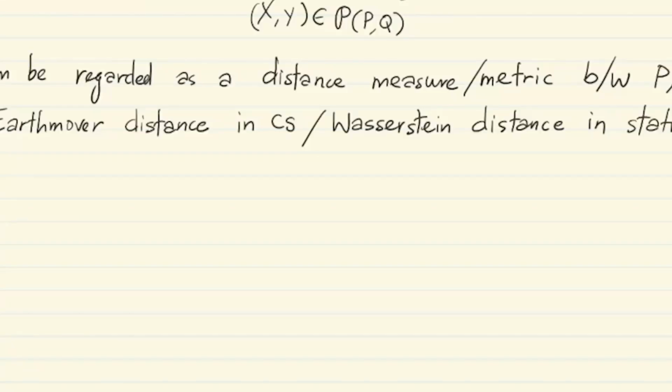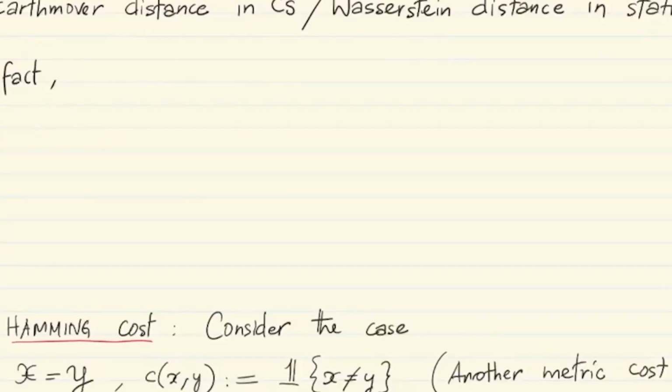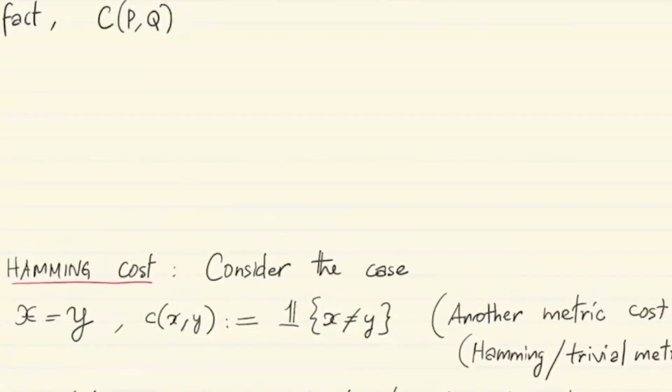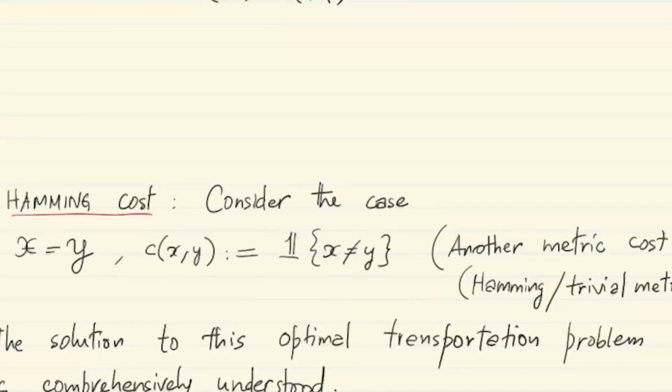Okay. In fact, one gets this nice duality principle here where you can express C(P, Q) as both a minimization problem and a maximization problem. So recall that we defined C(P, Q) as the infimum of the expected value of the norm difference between x and y, where (x, y) are coupled according to (P, Q). And it turns out that you can also write this in a dual way.